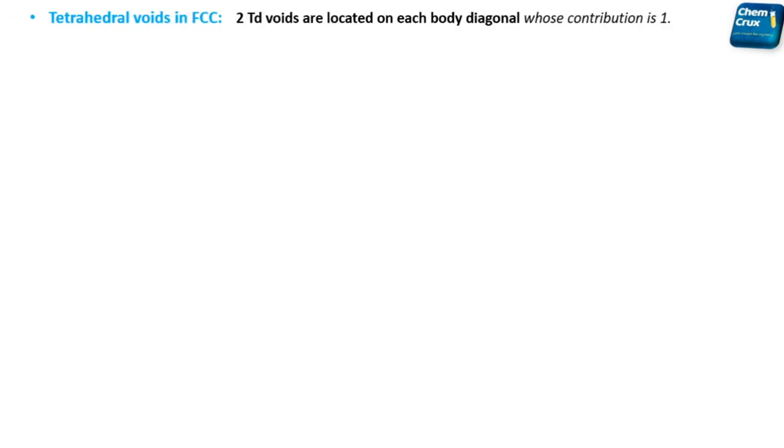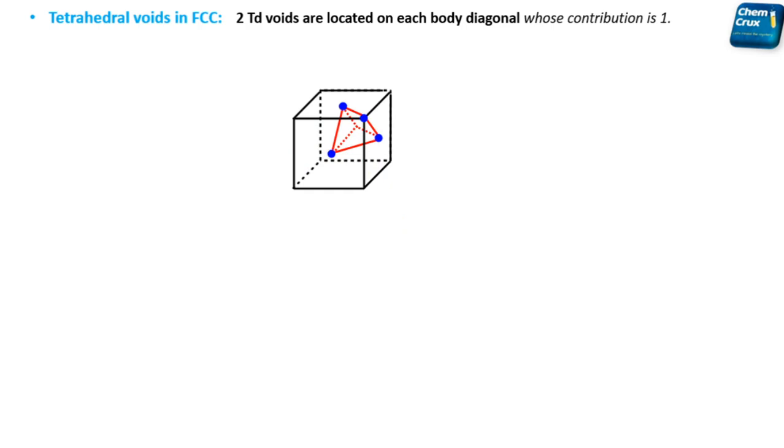So there are 2 tetrahedral voids located on each body diagonal. So if we consider these 4 points, this point is present at one corner, this point is present at the center of the ceiling, this point at the center of the side wall, and this point at the center of the front wall. Now if we connect these 4 points, we can see the formation of a tetrahedron.